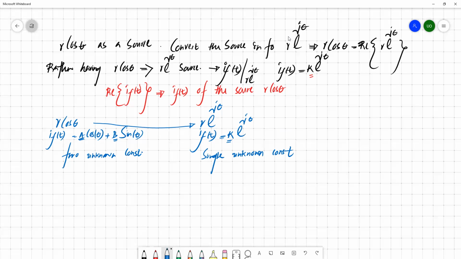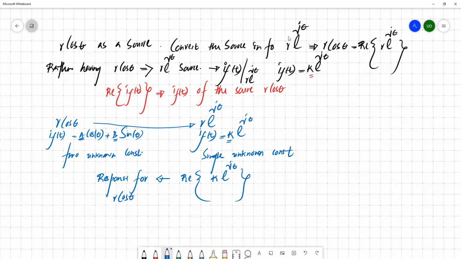Then you take the real part of this k e to the power j theta. This is the response for cos theta.